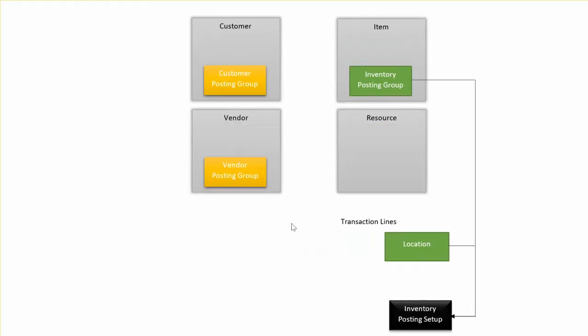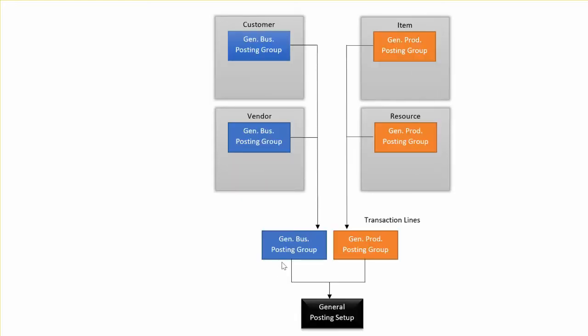One way to think of these types of transactions: your customer posting group, vendor posting group, and inventory posting group are typically your balance sheet accounts. So your AR, AP, and inventory accounts. Your business posting groups and product posting groups are typically your income statement accounts, expense accounts that will be mapped for those transactions.